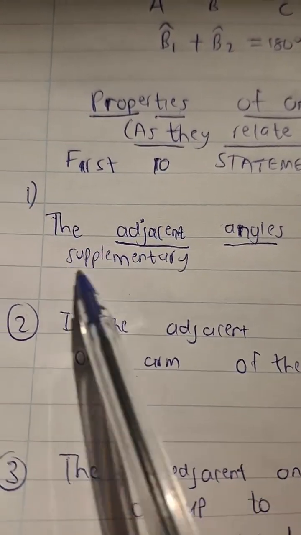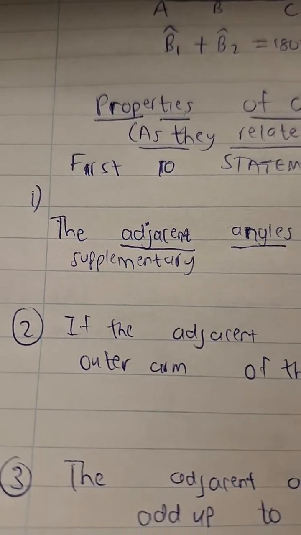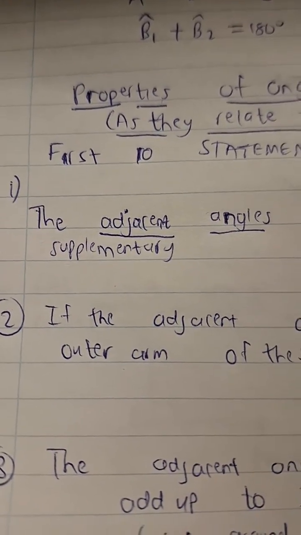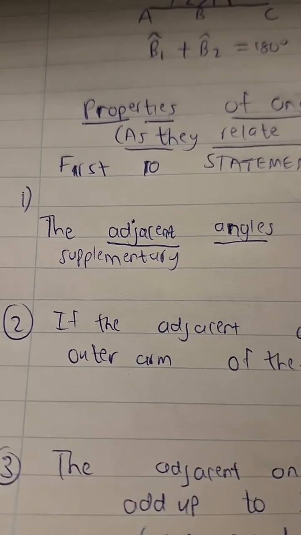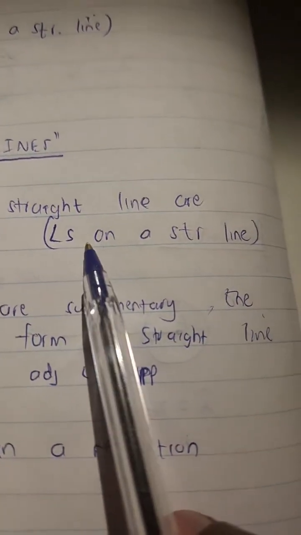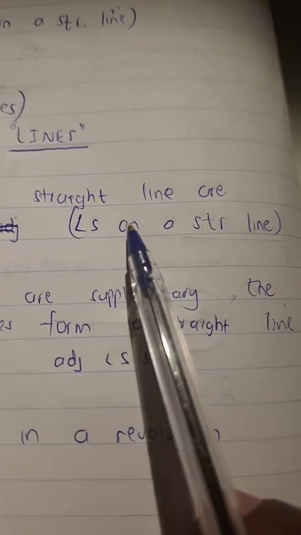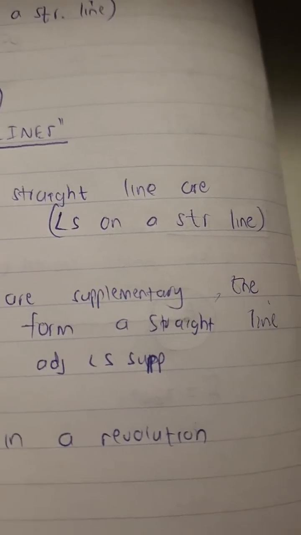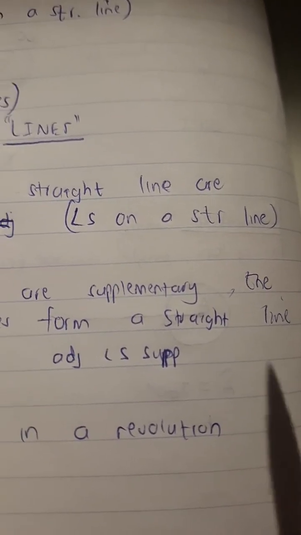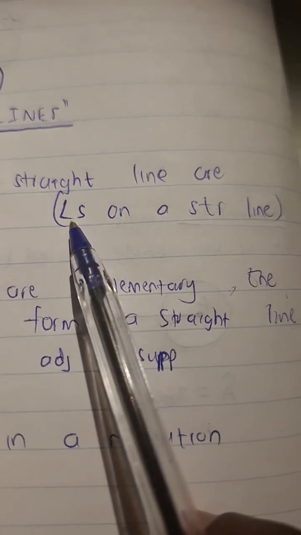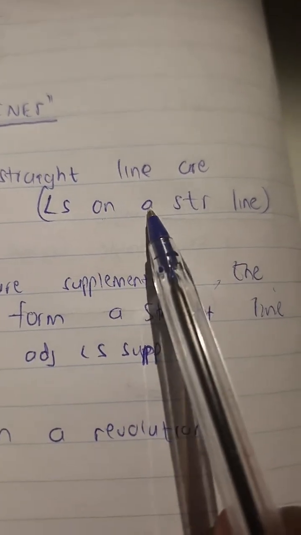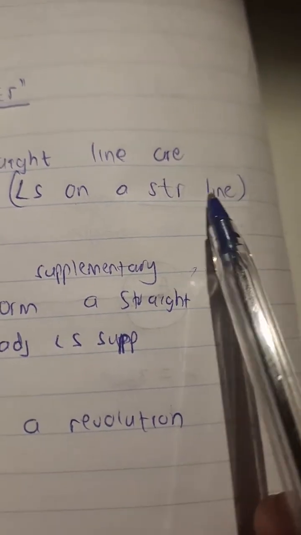In other words, they add up. The word supplementary means add up to 180. They add up to 180. And guys, I'm sure you saw that the acceptable reason we use whenever we arrive at that conclusion is angles on a STR line.